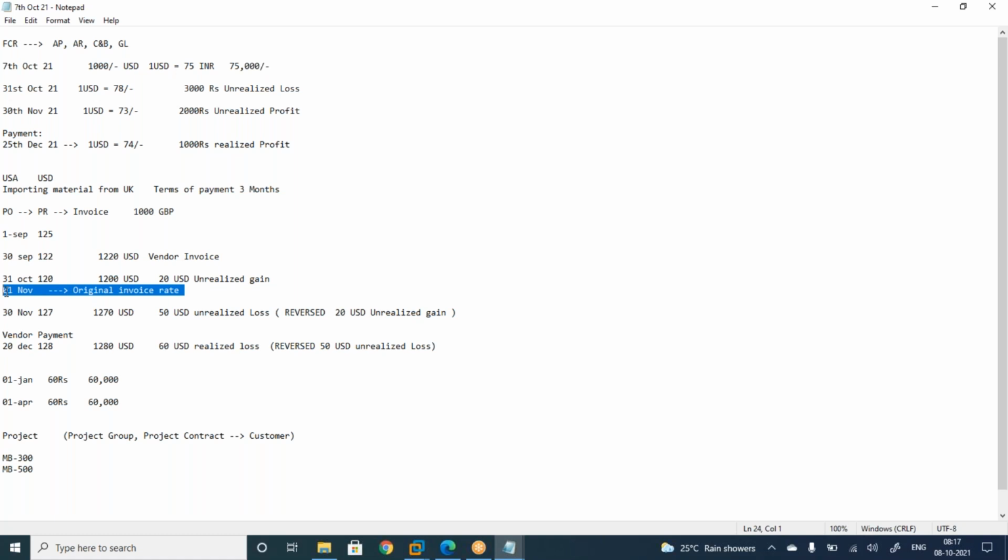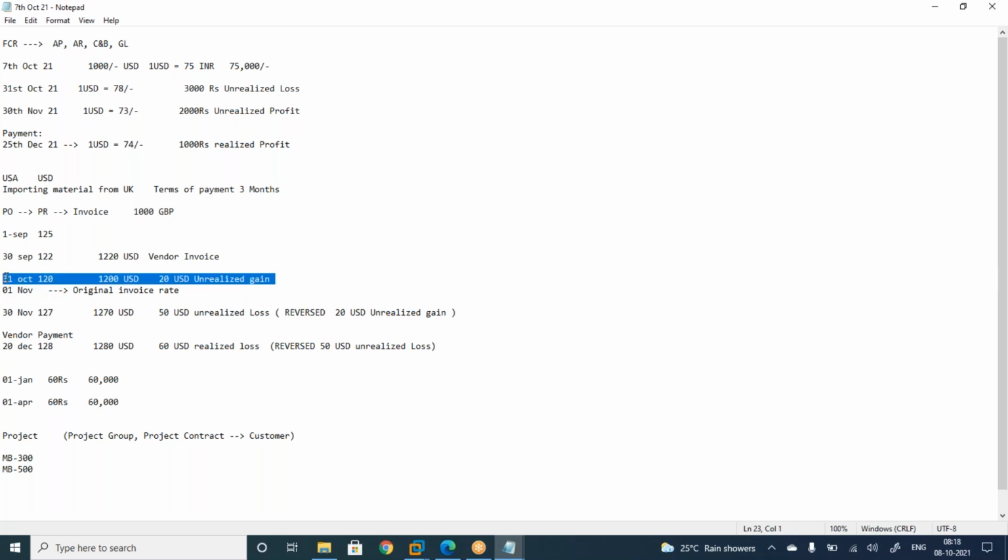In one company where I implemented in Singapore, Malaysia regions, they were asking, his vendor balance is showing 1200, am I right? If it is 1000 GBP, because of this unrealized gain, the vendor balance account is showing 1200. But I want the original invoice amount because this is for reporting purpose.